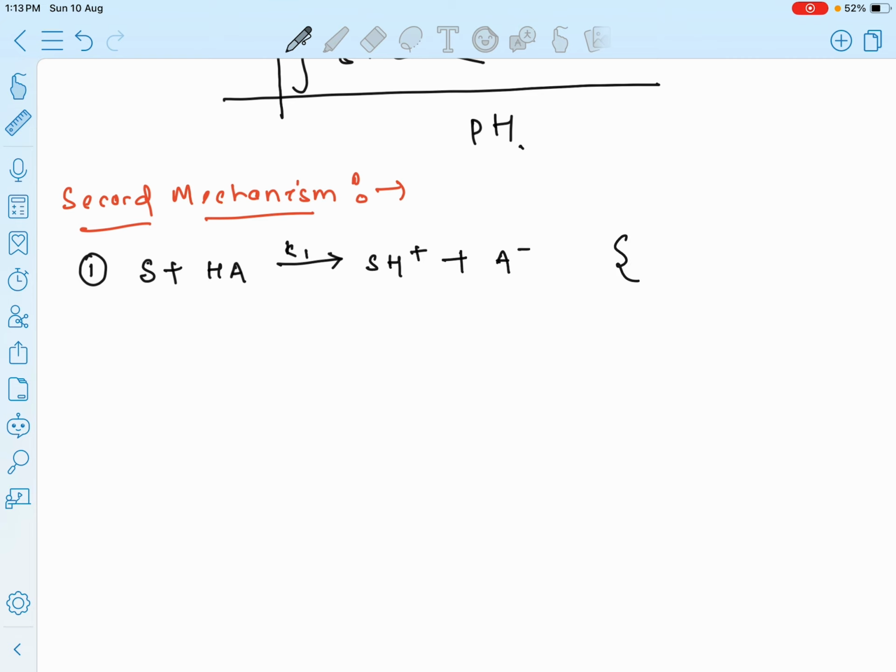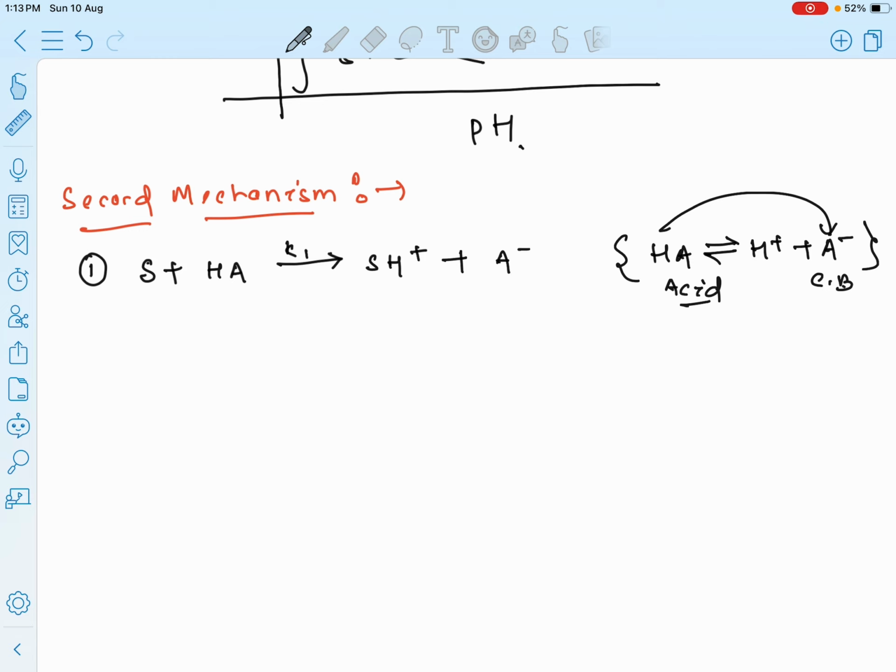Whenever HA dissociates, it will dissociate to proton and conjugate base. This is the conjugate base of this acid. That means these are a conjugate acid base pair.